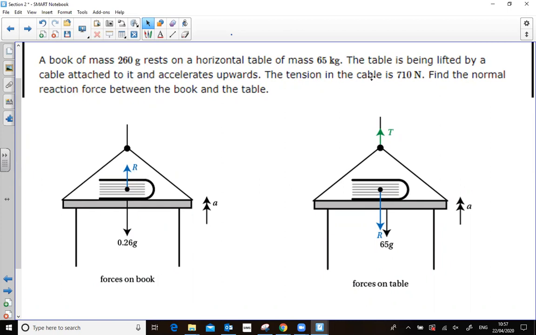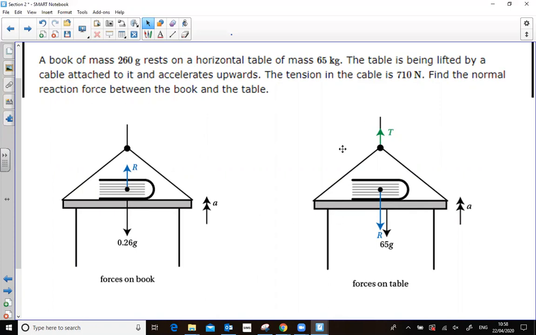The tension in the cable is 710 Newton. Find the normal reaction force between the book and the table. Okay, so this is where the normal reaction force will be, and this is the direction. And the whole thing is being pulled upwards, hence the acceleration is going upwards.